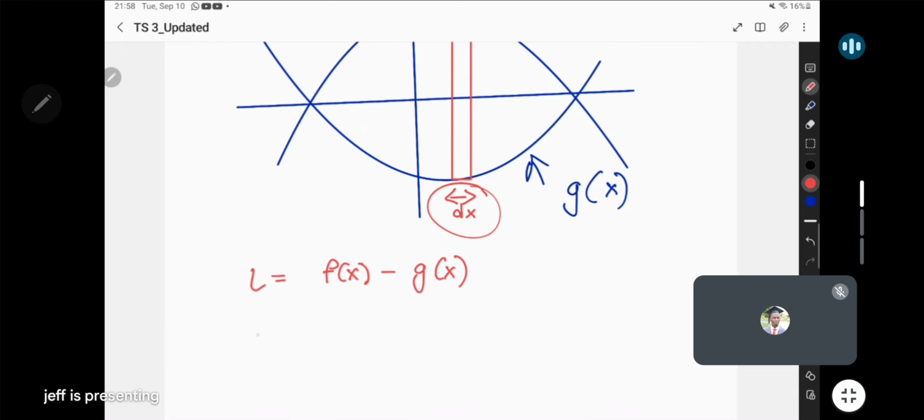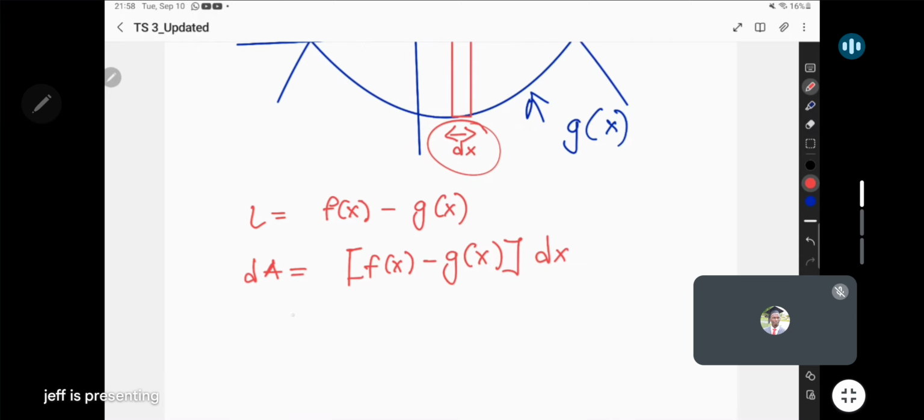So to get the area of that differential section, dA, notice that you still reduce to the length, which is f of x minus g of x, multiplying the thickness there, which is dx. So that now the area we want, A, will just be equal to the integral of f of x minus g of x dx. This is what is going to give us the area.